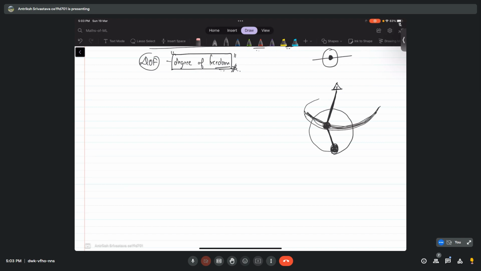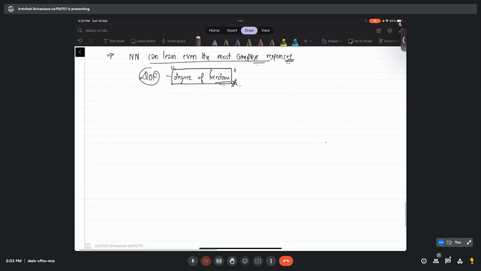So there will be infinite positions that this particular point can take, right? It will be very difficult for me to predict these positions. Degree of freedom basically tells us how much variability your model can capture.